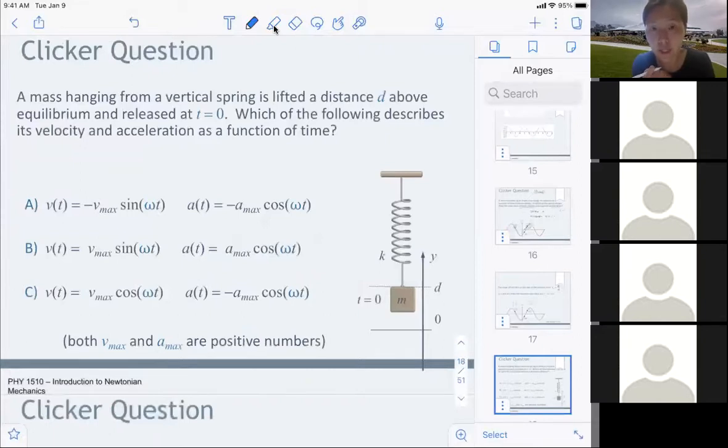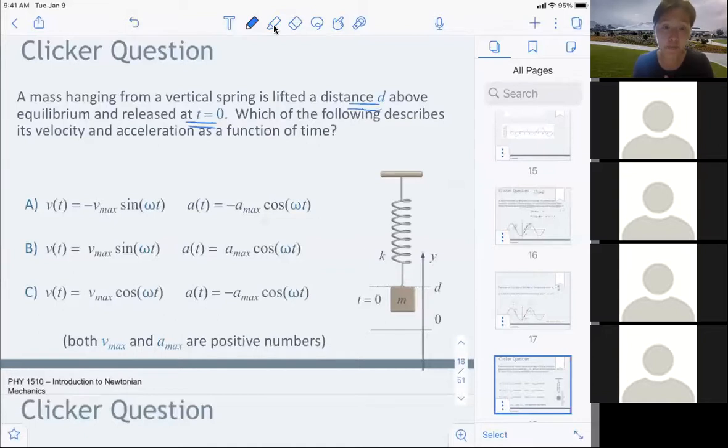We have looked at simple harmonic oscillation in the lab. That is exactly a spring going up and down with a mass attached to it. So they give us the initial condition: at t equals 0, you are at a maximum distance d. Which one of these describes the correct function for velocity and acceleration graphs?